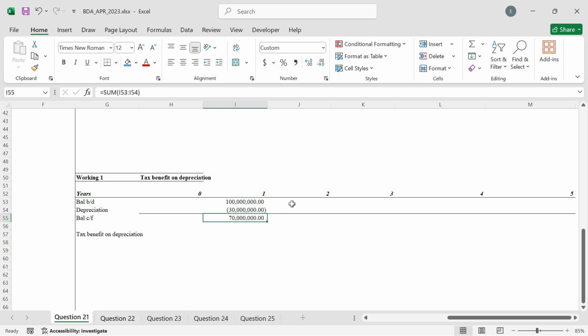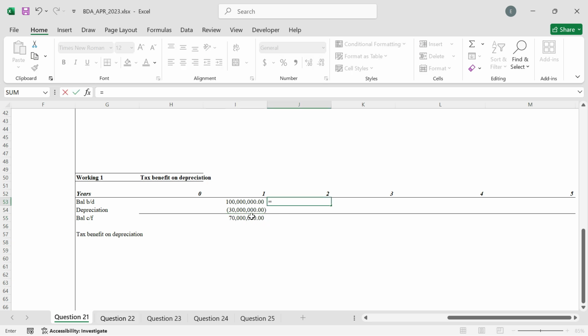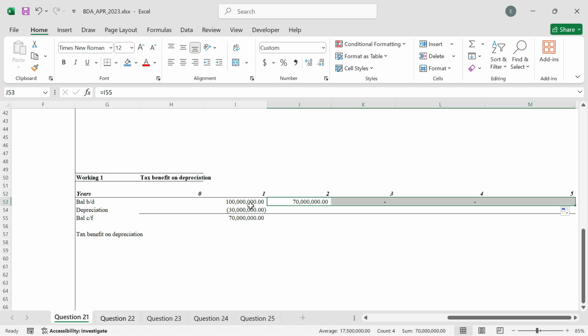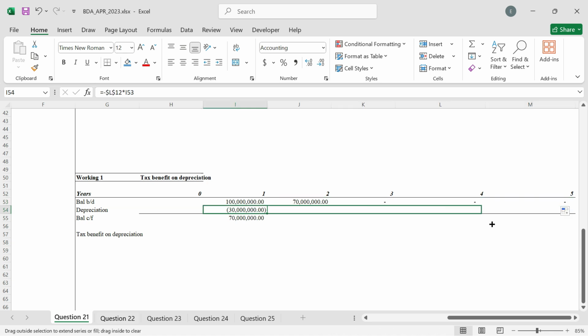This balance carried forward becomes the balance brought down in the next period, which I can now copy across to fill in the missing values.